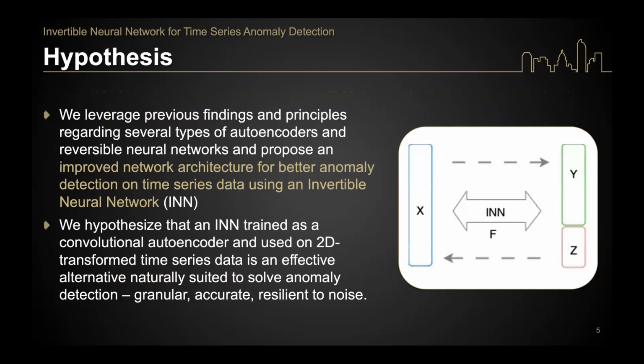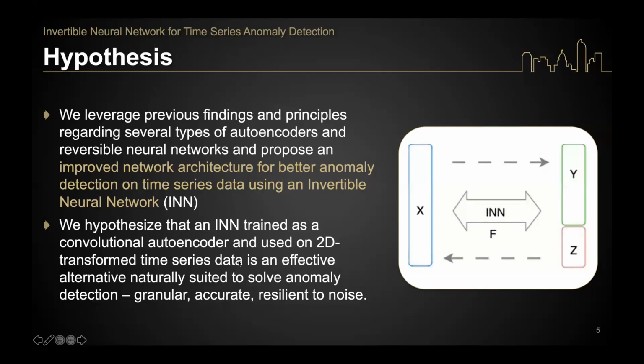The hypothesis is, as mentioned, that this is an improved network architecture for anomaly detection. We are working on general time series data, but it turns out that some transformations along the lines of the convolutional neural networks are very helpful in that domain as well.